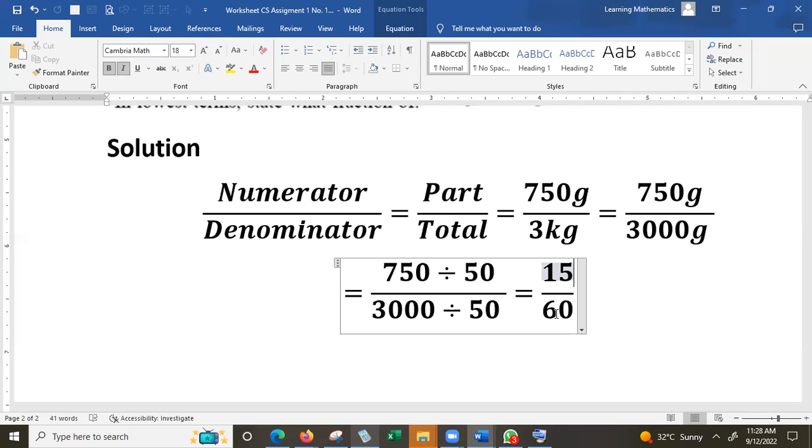So we have to look for the common factor, and the highest common factor, between 15 and 60, and we're going to continue simplifying. What is that number? The highest common factor between 15 and 60, what's that number? Let's presume that you are not so sure what the highest common factor between 15 and 60 is. But you can easily see that 5 is a common factor.